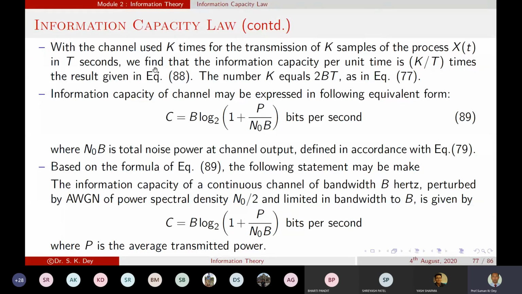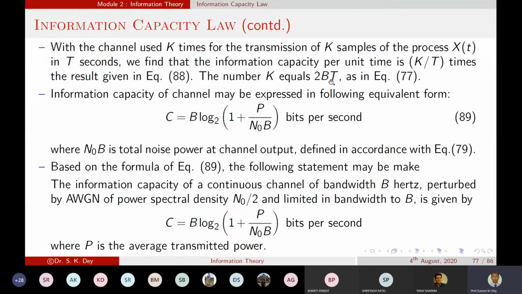So we find that the information capacity per unit time is k by T, because in T time k samples are sent. So in one second, how many samples are sent? k by T, and we know k is equal to 2BT.